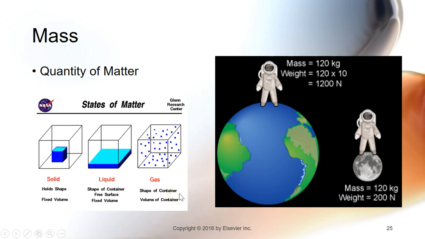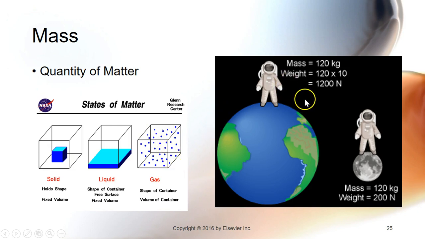And then there's gas. Gas also forms to the shape of the container, and it takes the volume of the container. So this one's different from solid, which is fixed, and different from liquid, which is fixed. This one can only have as much as the container itself will hold.